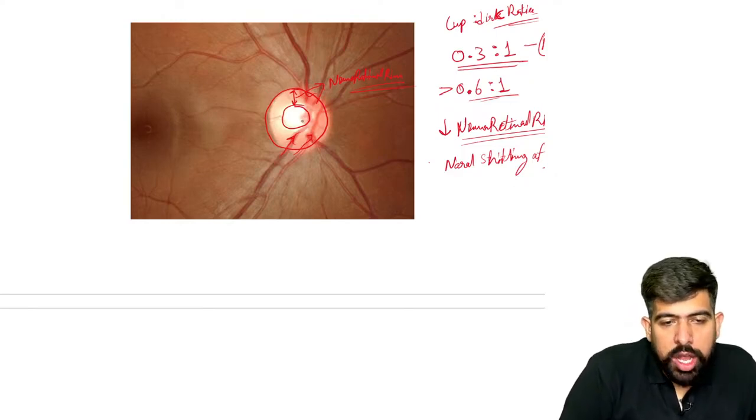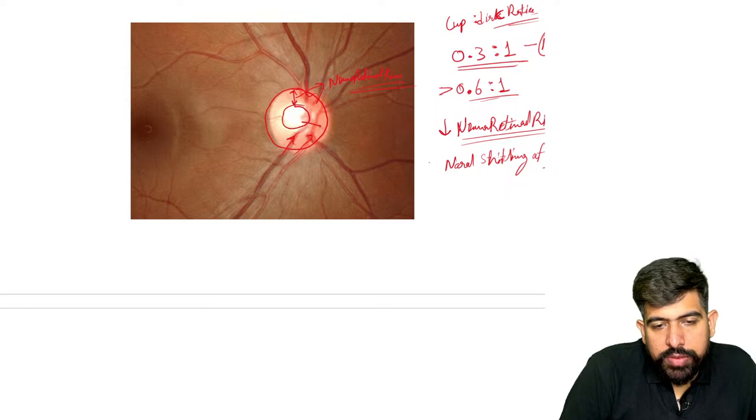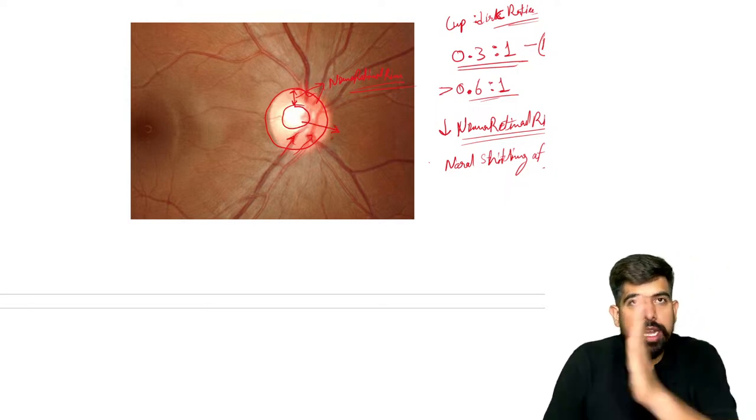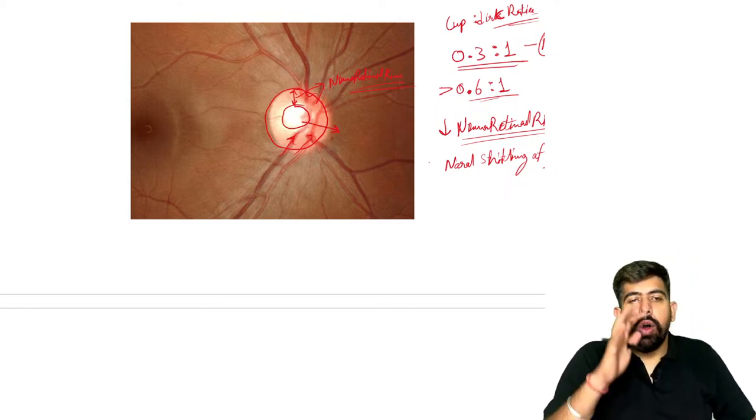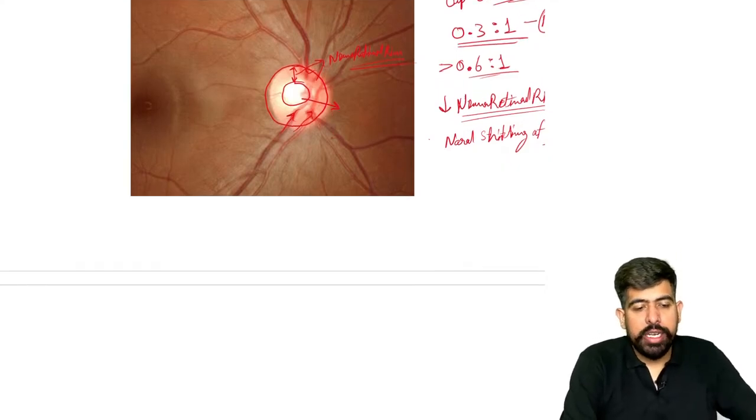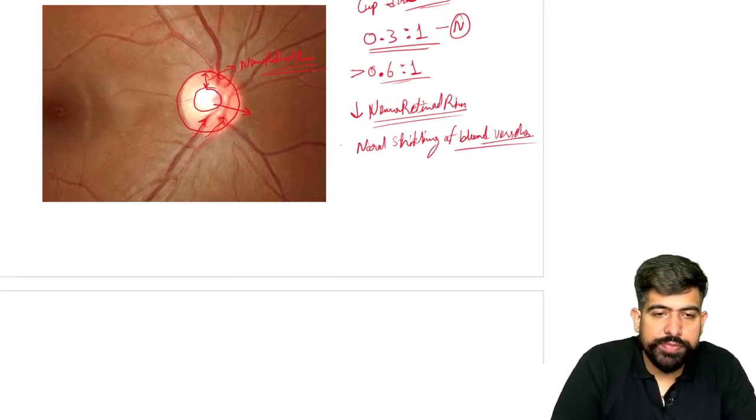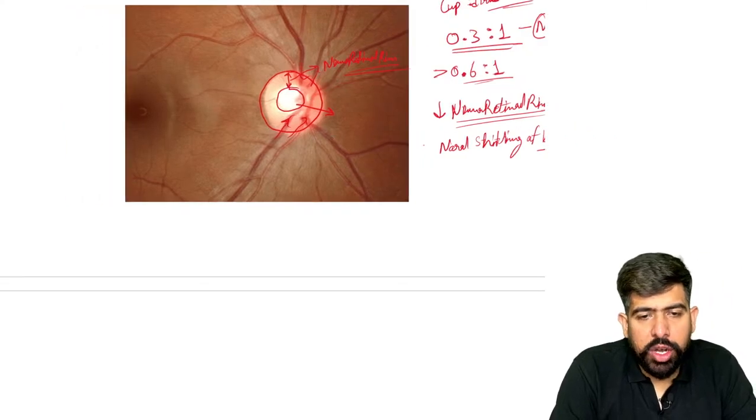You can see what will happen: all the blood vessels will be shifted to this side of the disc. All three things should be present in the patient of glaucoma, right?